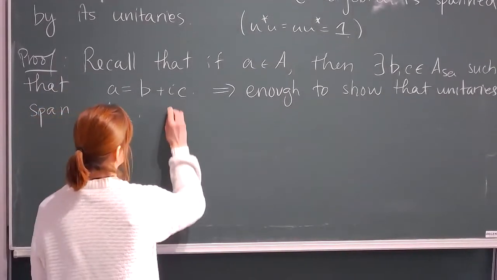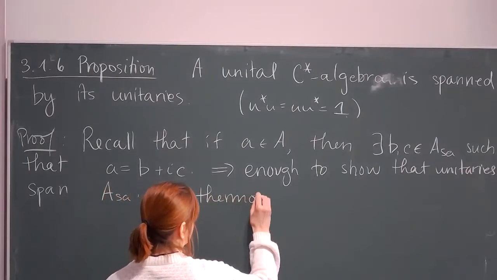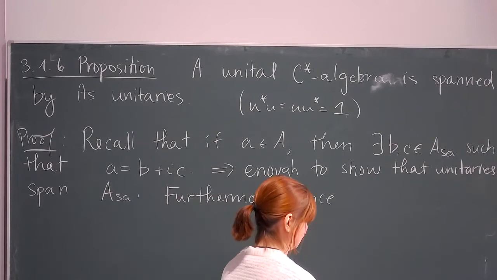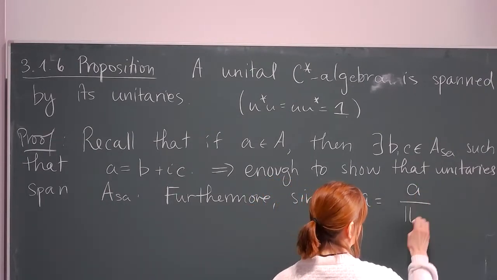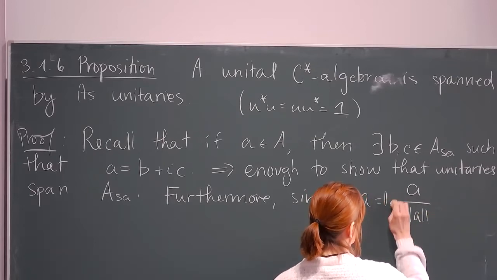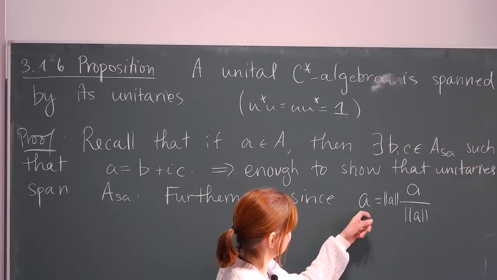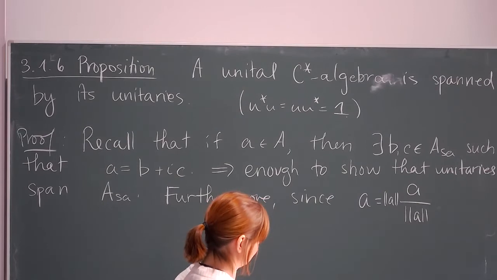And furthermore, since we can always write A as a scalar multiple of an element of norm at most 1, and obviously this is in the linear span of this, we can assume that our elements have norm at most 1.